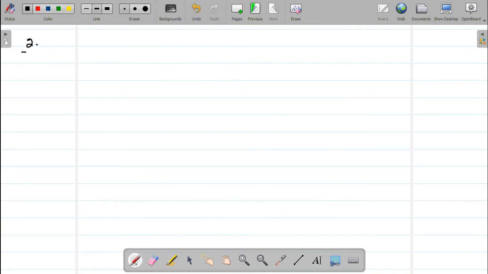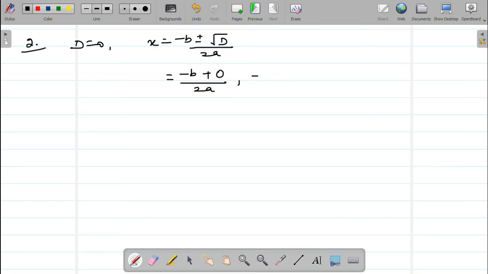The next case is if I have D equal to 0, then my formula reduces to minus b plus 0 upon 2a and minus b minus 0 upon 2a, because D is 0, so square root of D is 0. So we have two equal roots, if D equal to 0.